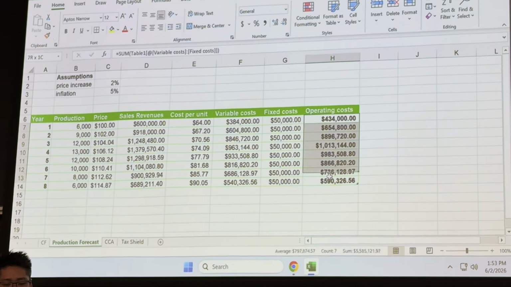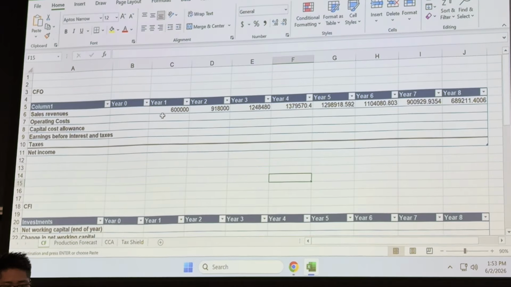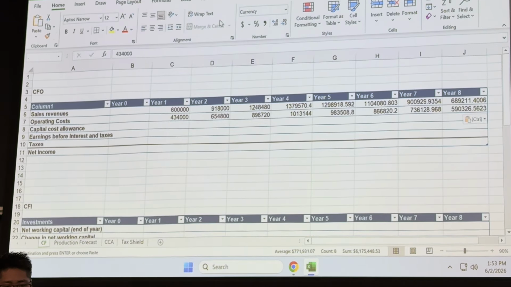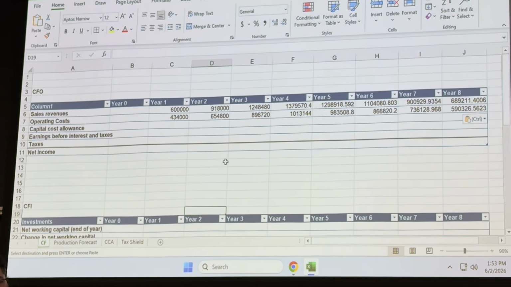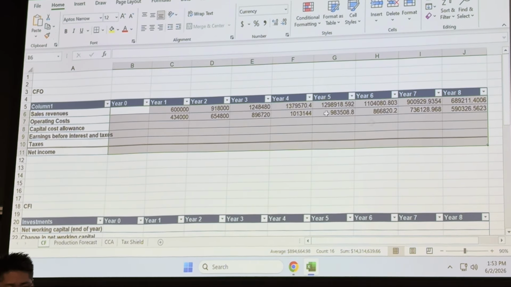Similarly, I have operating costs, which is here. Operating costs, copy. Just gonna paste numbers here. Copy this guy. Go back to this tab. Paste transpose. All right. So I got sales and operating costs. I like to make it a little bit clean, so I'm just gonna format it.